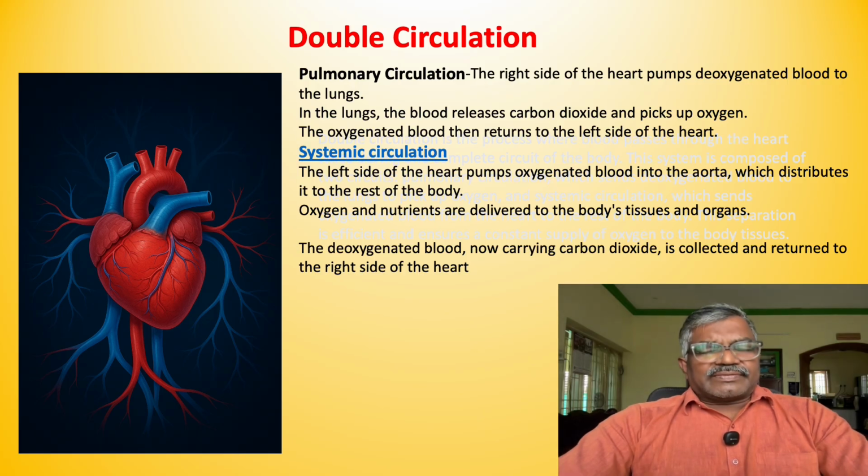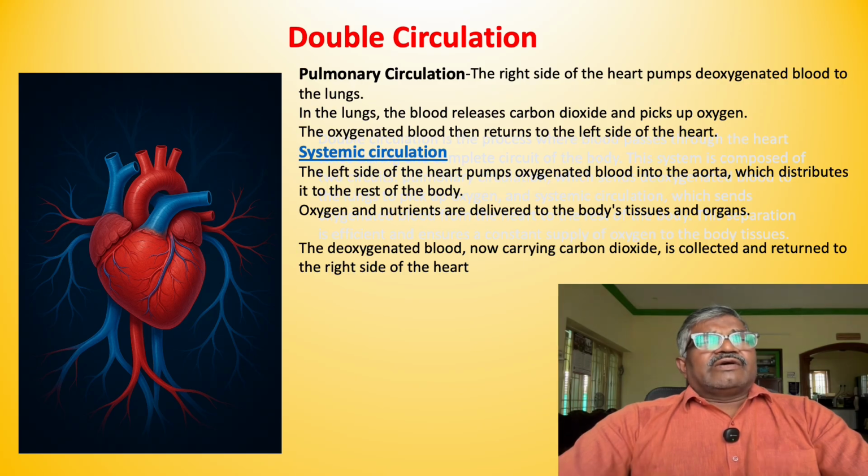From the right ventricle, the blood will go to the lungs to get oxygen through the pulmonary artery, and from the left side ventricle, that is oxygenated blood, will go to all the body parts through the aorta.